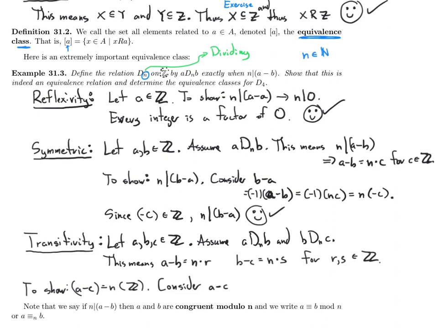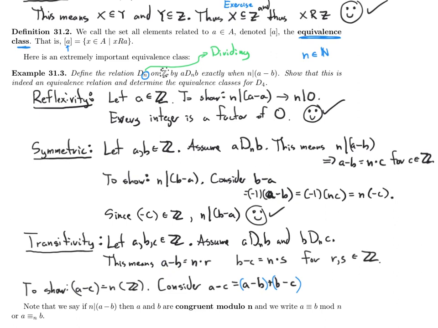Okay, now that you're back, using that hint that I gave you, I can write A minus C as A minus B plus B minus C, and then I'll just bracket it like that. That's fine. So this way I wrote A minus C in a way where I can use my hypothesis.